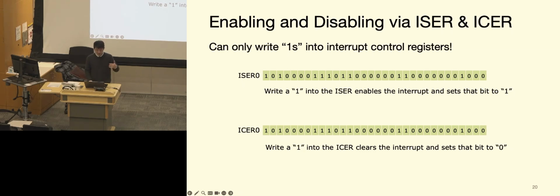If you write a 1 to the enable register, it enables the interrupt and sets that bit to 1. For the write-only clear enable, you write a 1 into it, and then it will set the corresponding bit inside of the enable register to 0.